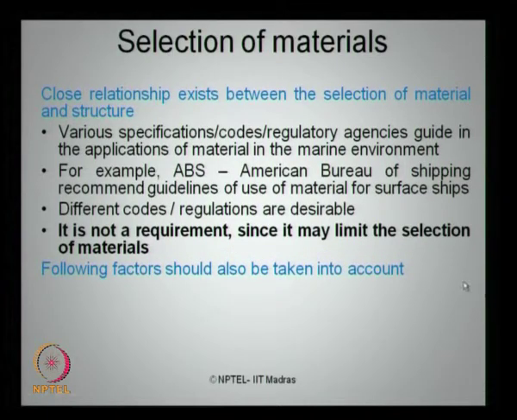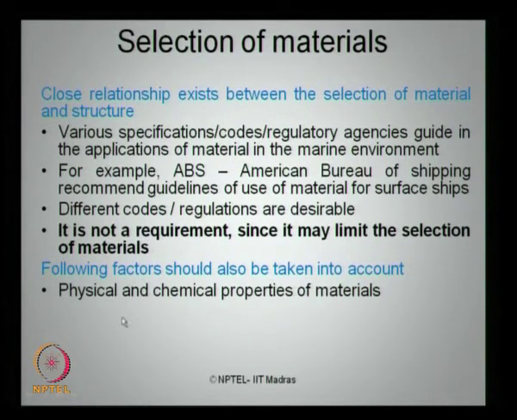The following factors should also be considered while selecting material for the marine environment. Let us see what they are. You must understand thoroughly the physical and chemical properties of the materials. We must also look into the cost factor, because offshore structures have a very high capex cost index.